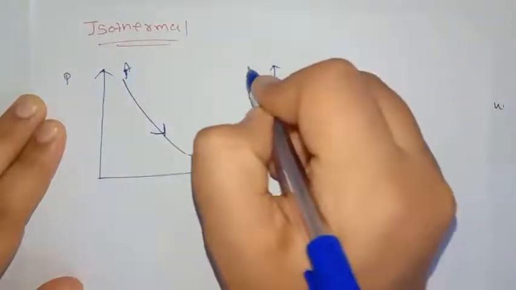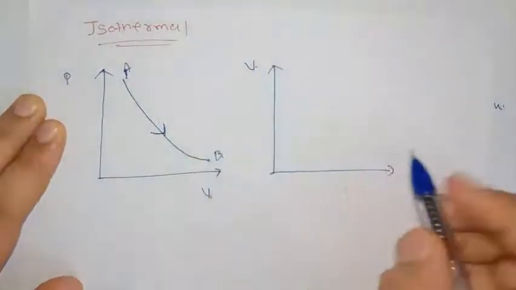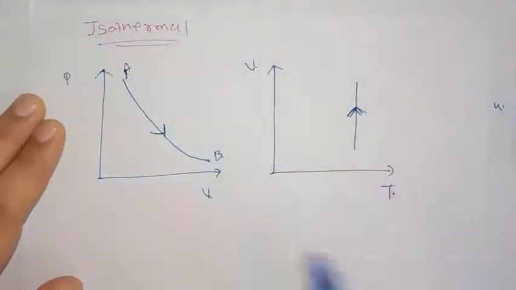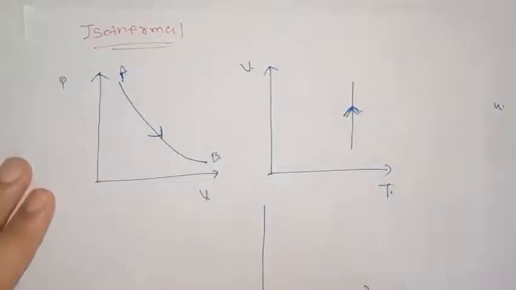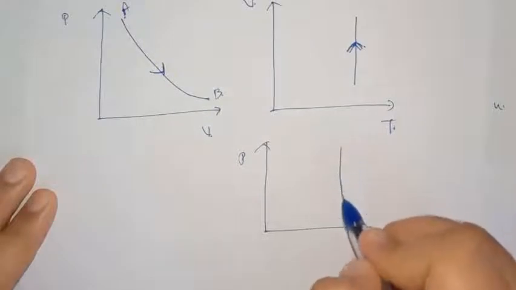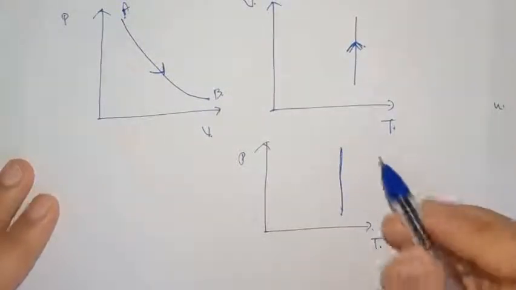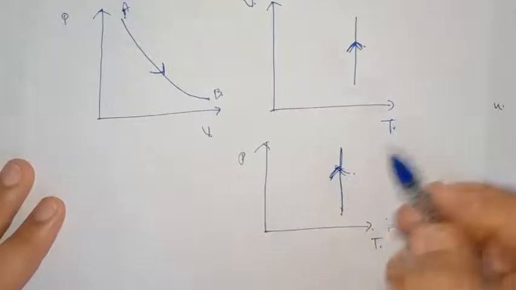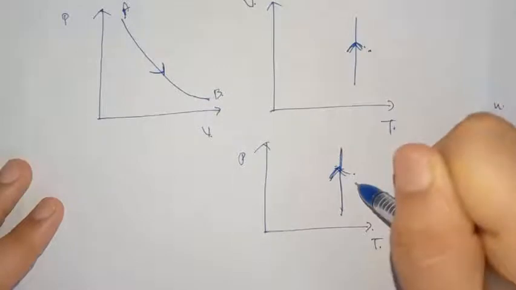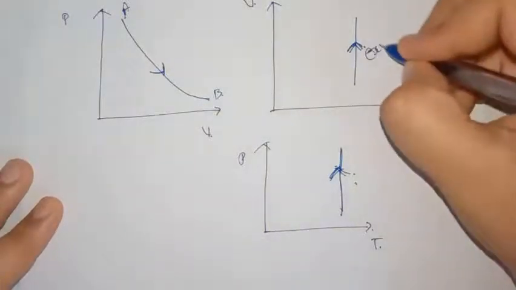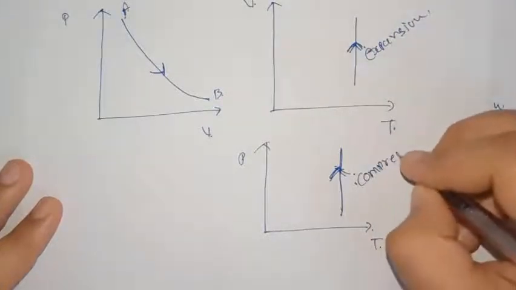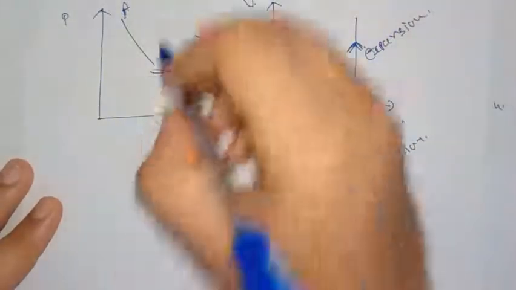For the VT diagram, the isothermal process is denoted by this curve, and for the PT diagram, the isothermal is denoted by the vertical line. So this is the expansion process, and this is the compression process. So this is expansion, compression, and this is also expansion.